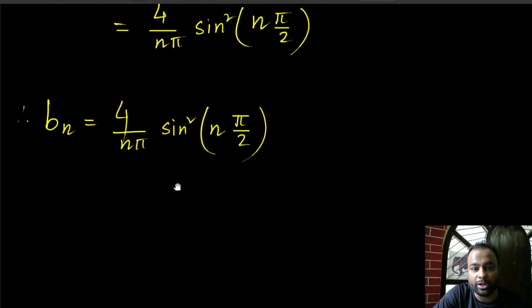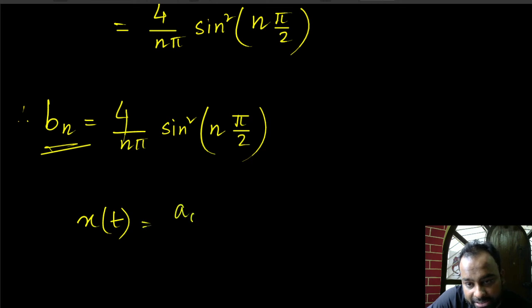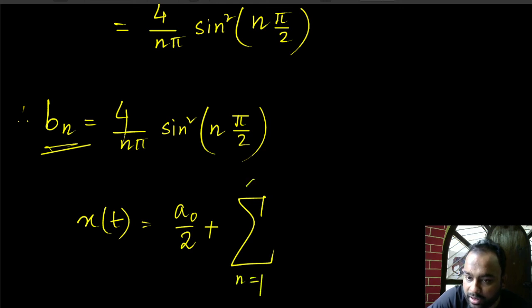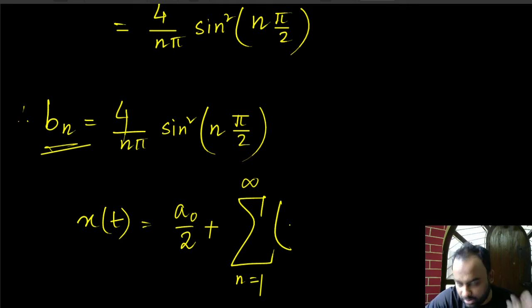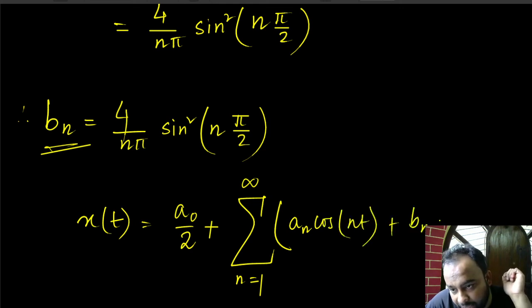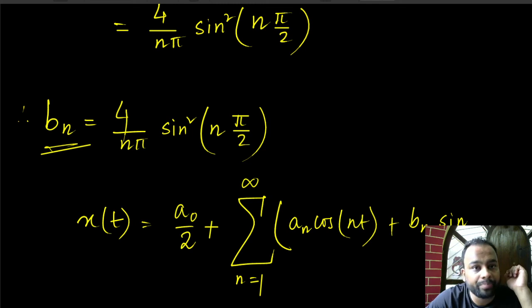So what does it tell you? Let's go back. We could express our signal as a0 by 2, which corresponds to the DC component, and a summation of sinusoids that has cosinusoidal components and sinusoidal components expressed as an cos nt plus bn sin nt.